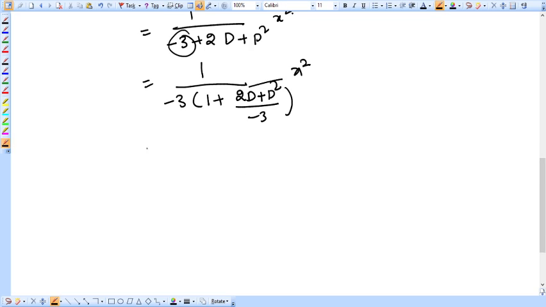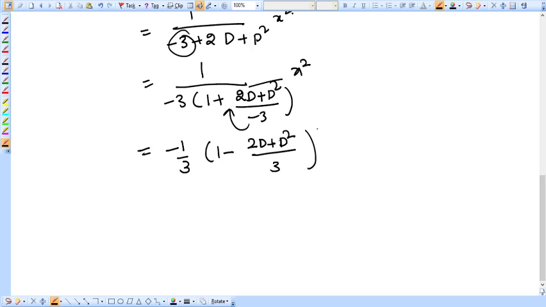It can be written as minus 1 by 3, (1 minus (2D plus D square) divided by 3) inverse, with the negative sign of 3 taken outside, acting on x square. Now apply the binomial theorem here.